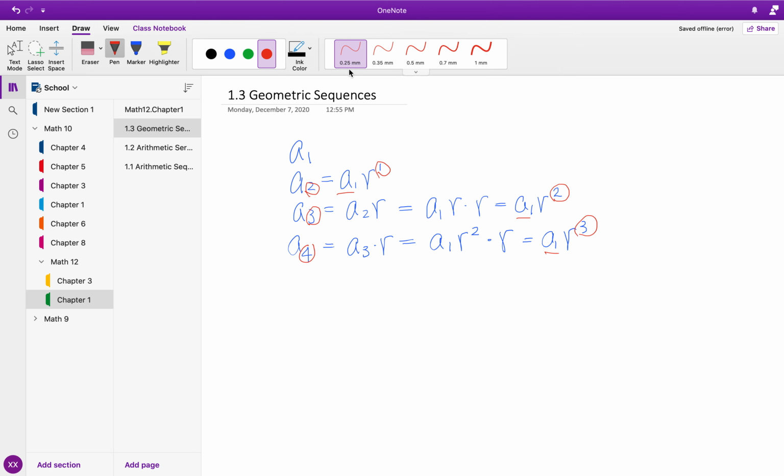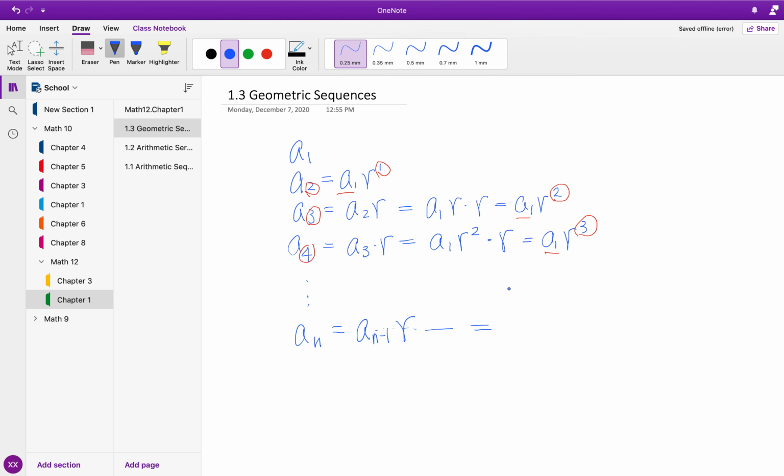Therefore, we draw a conclusion. An equals A1 multiplied by R to the power of n minus 1.